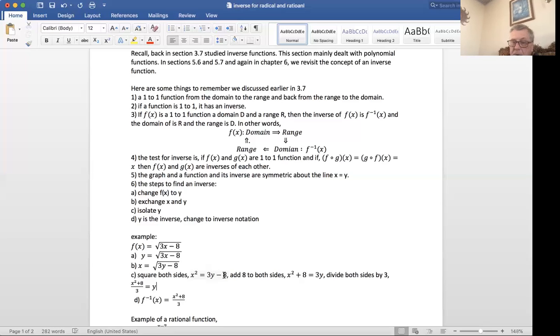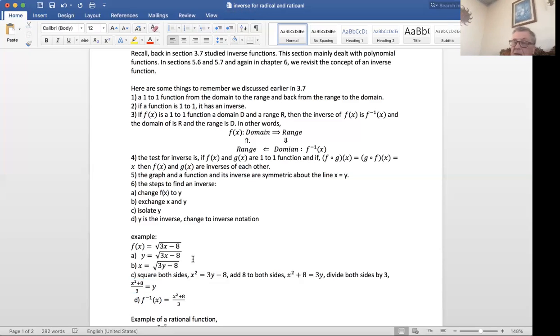We add 8 to both sides to continue to isolate the y, giving us x squared plus 8 equals 3y. Then we divide both sides by 3, and we get x squared plus 8 over 3 equals y. Now that we have y isolated, y is f inverse of x, so we use that notation.